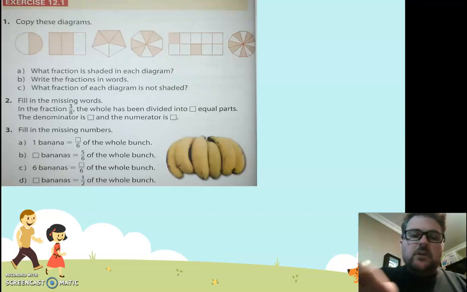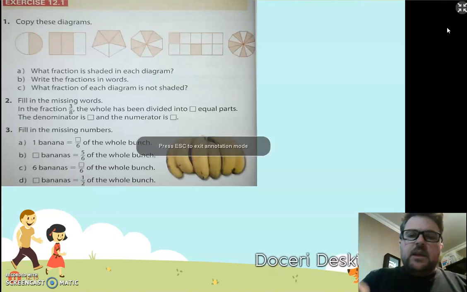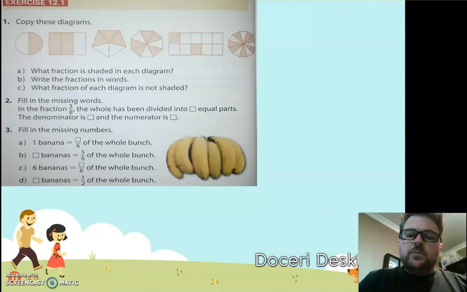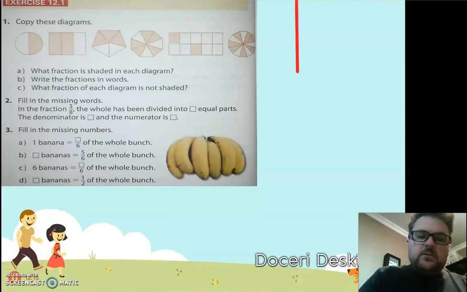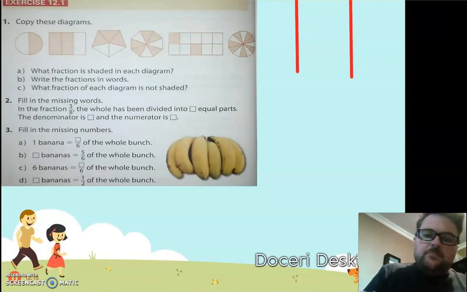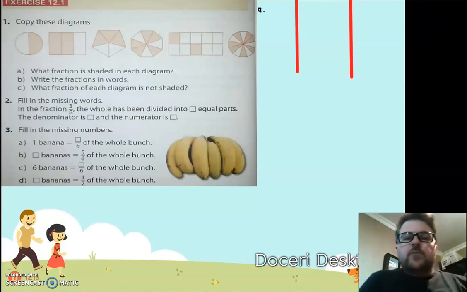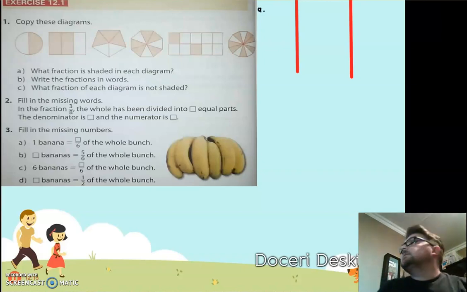Okay, so I'm going to do number 1 with you. And I think on your exam pad, the easiest way to do this is to put them into 3 columns. Okay, so if I do 3 columns quickly, I'm going to do the number 1 with you, just so that you get an idea of what they're looking for. So, if I look at A, what fraction of that shape is shaded?